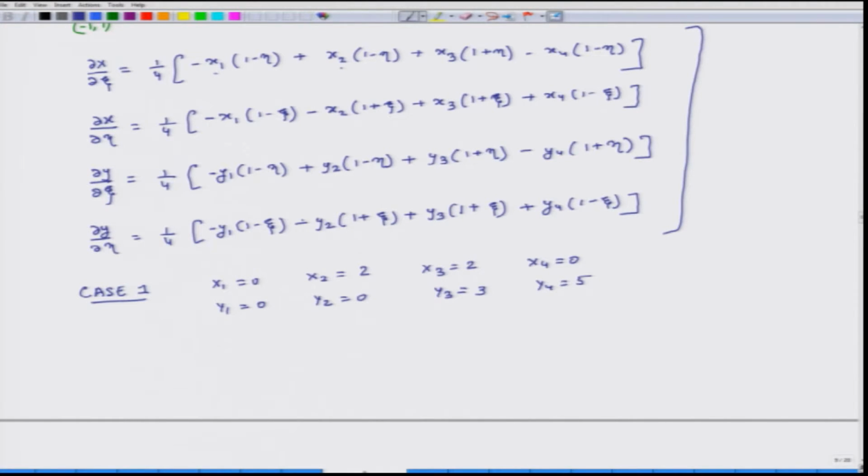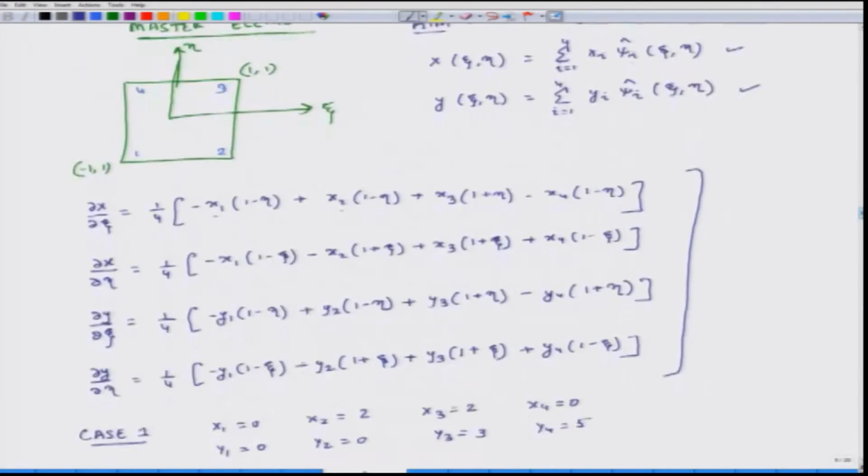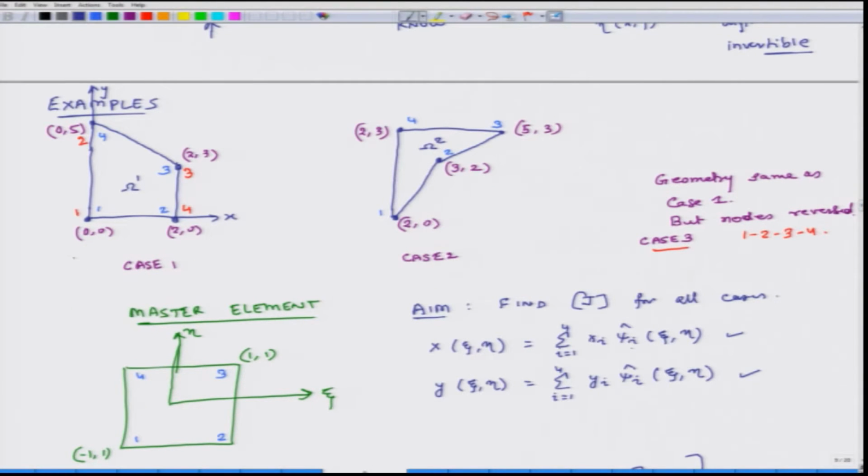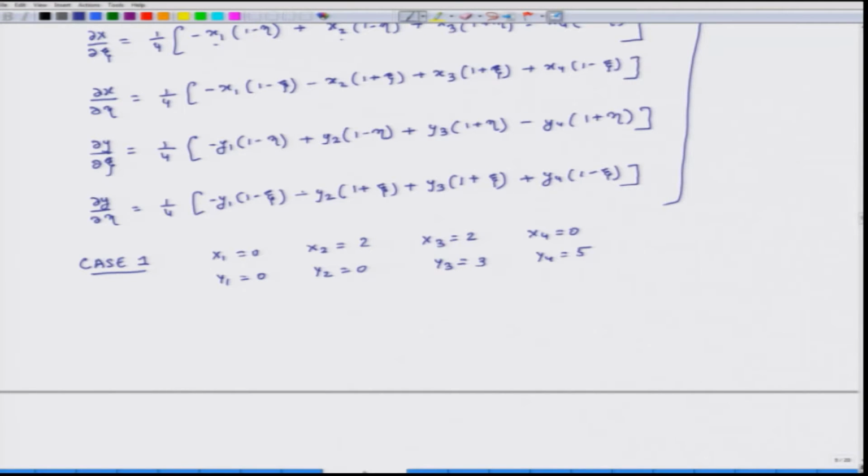These are the values. How did we get these values? We got them from this picture. Okay. So, we will plug in these values in these expressions, and I will write the expression for the J matrix, and it comes as 1 minus half into 1 plus eta, 0, 2 minus zeta by 2.